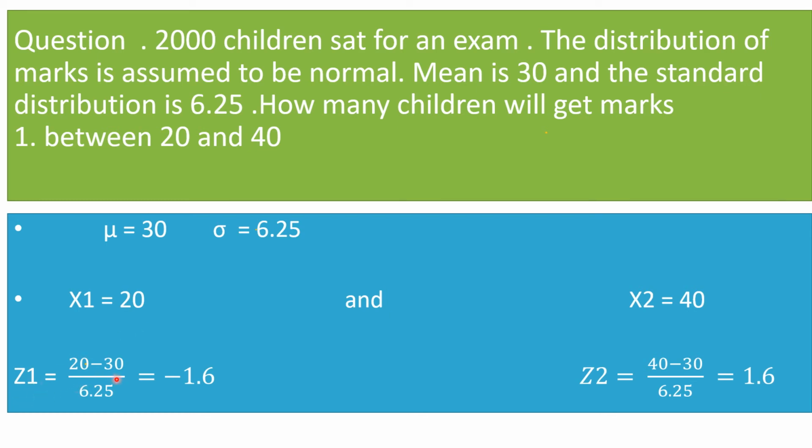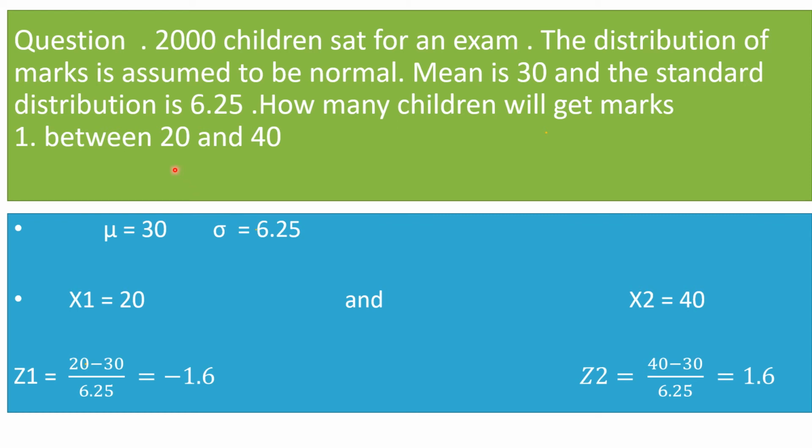You will get 20 minus 30 upon 6.25, which is x minus mu upon standard deviation. Answer is minus 1.6. And the second value of x is 40. So you calculate the corresponding value of z, z2. This will be on the same terms, 40 minus 30 upon 6.25. Answer is 1.6.